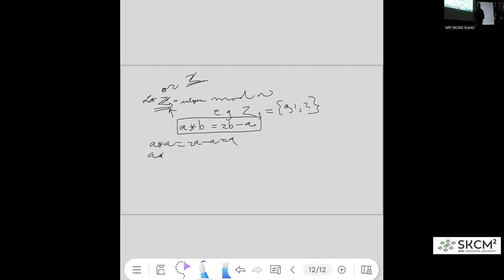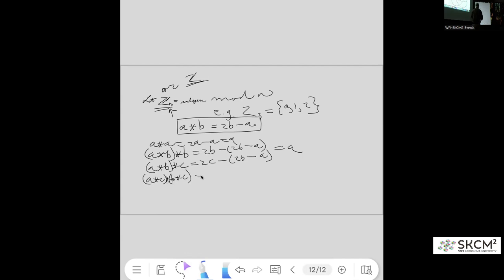We can take a times b, and this will be 2b minus a; then times b again gives 2b minus (2b minus a), and minus minus gives you a. And if you take a times b times c, we're going to get 2c minus (2b minus a). And if we take a times c, I'll do it quickly so you can try it out yourself later.